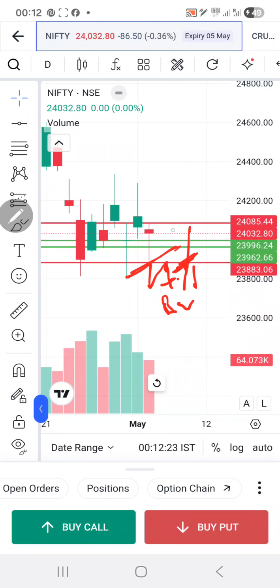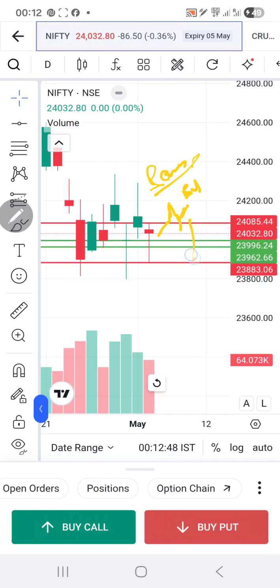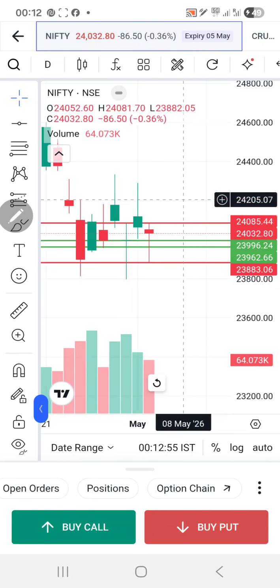And if the market goes to this level, breaks and retests and then goes up, then we will enter bullish. Otherwise, if the market breaks this and doesn't retest and isn't going up, then we will go bearish to these levels. If we cannot capture this, it is better not to enter.